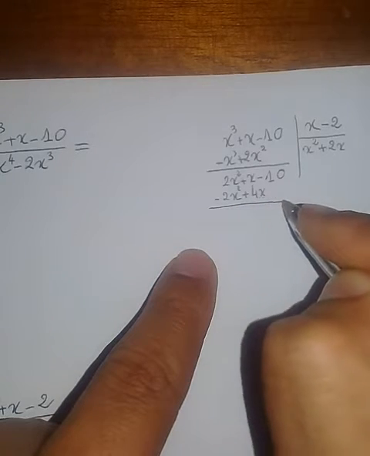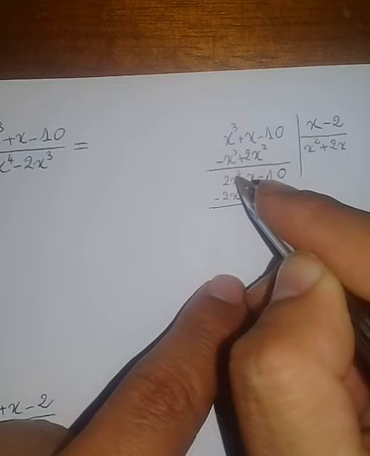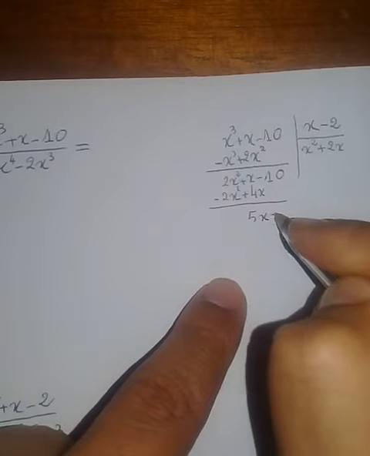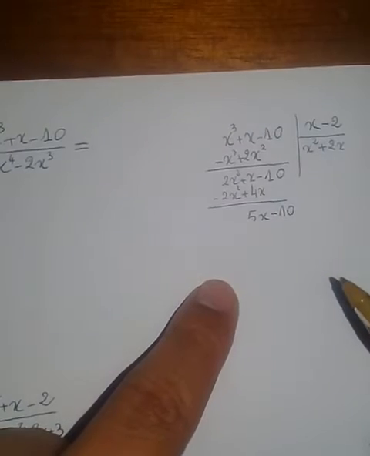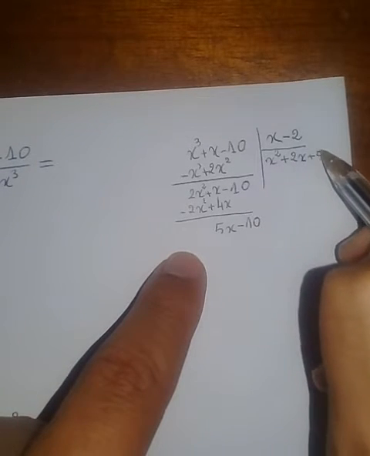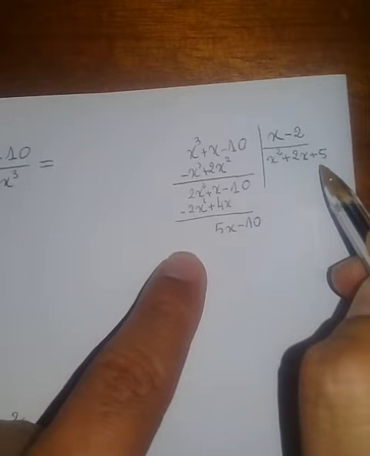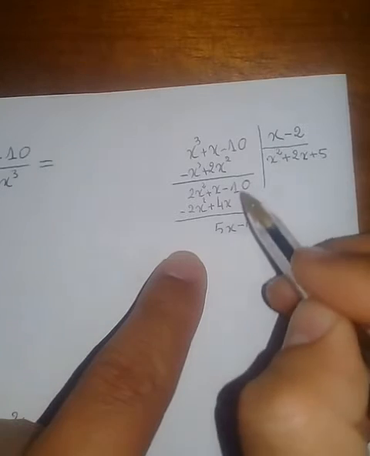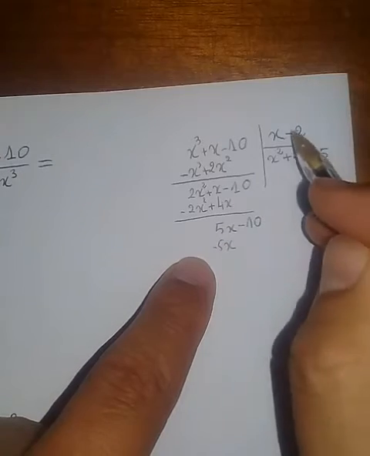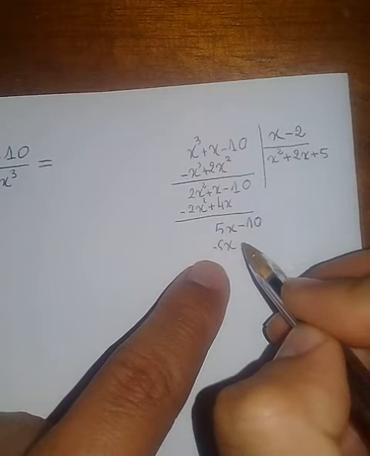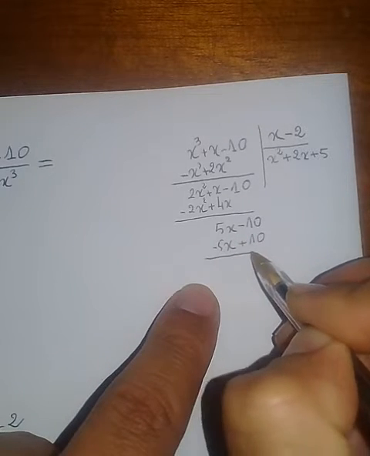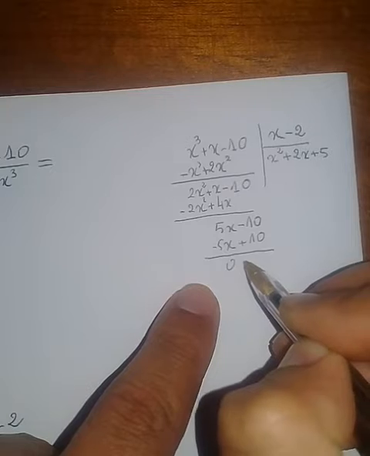And I'm left with, after the addition, 0, then 5x, and then the minus 10. 5x divided by x is plus 5. 5 times x is 5x, the opposite is minus 5x. 5 times minus 2 is minus 10, the opposite is plus 10. And the sum here is 0.